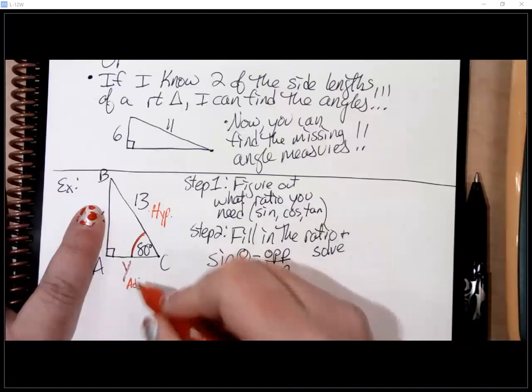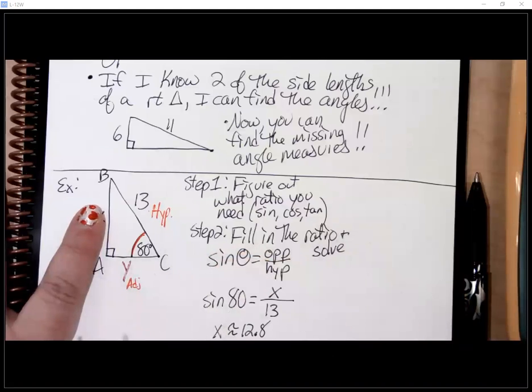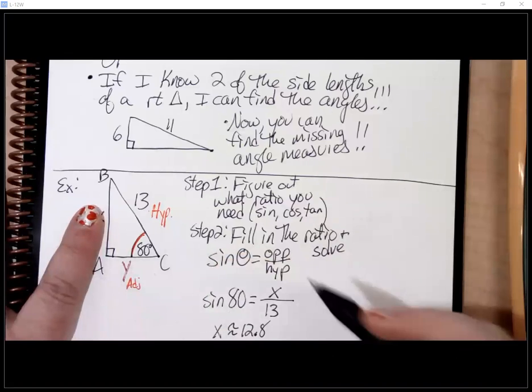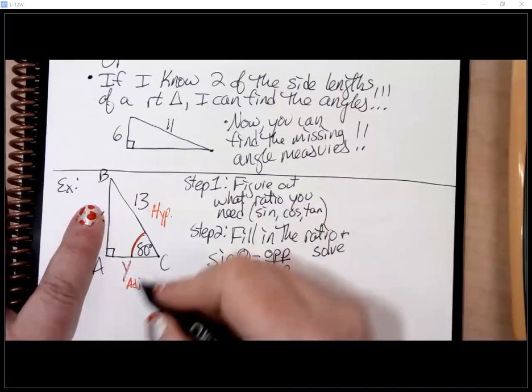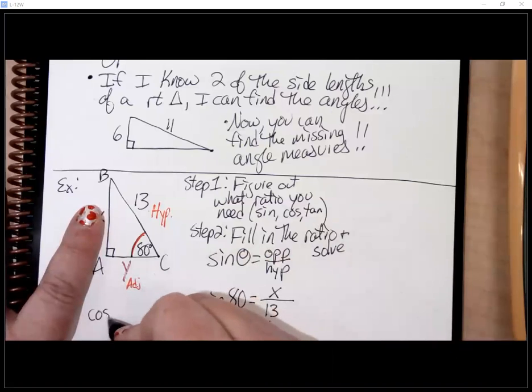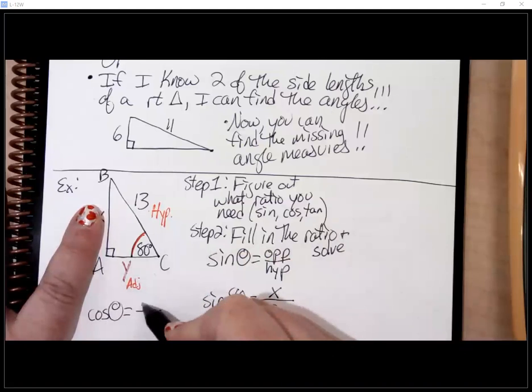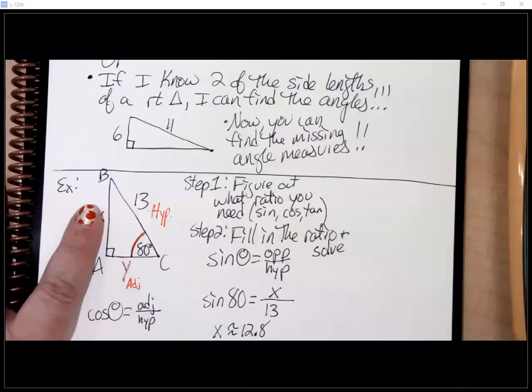Cosine. Cosine is the one that has adjacent and hypotenuse involved. You see that? So now I'm going to do the cosine of my mystery angle is going to be the adjacent over the hypotenuse. According to my magic Sohcahtoa word, right?